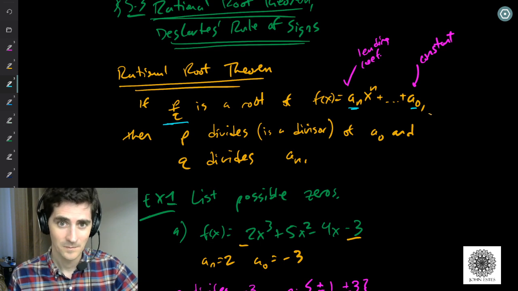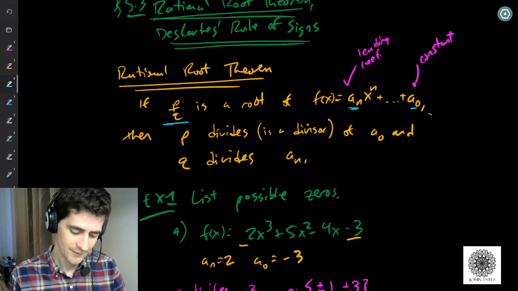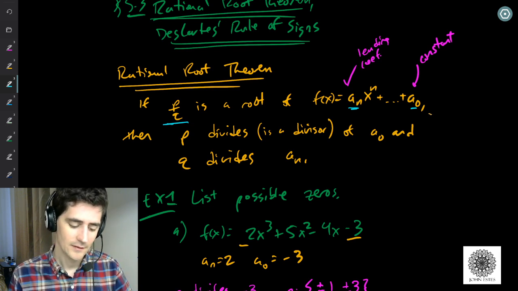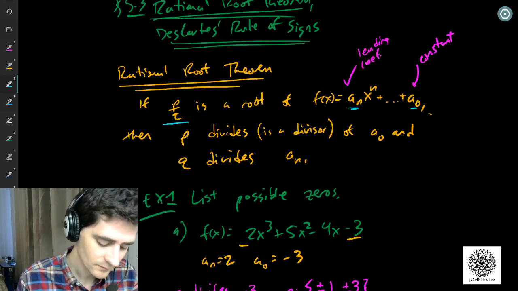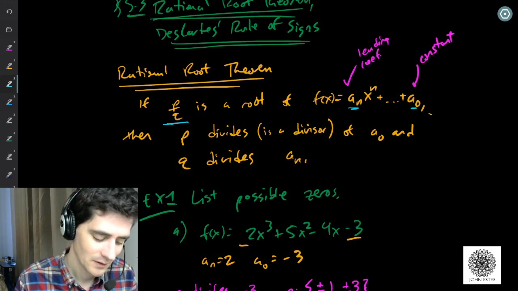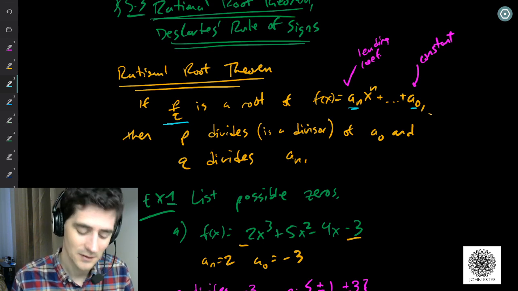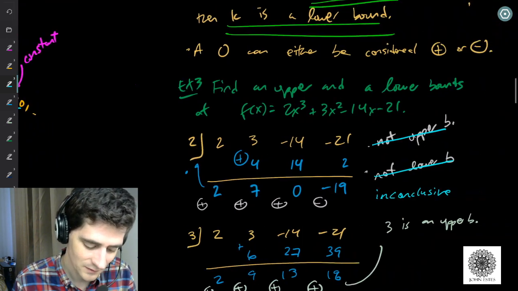Let me say that again. The numerator will divide the constant term, and the denominator will divide the leading coefficient. One more time, so I remember: the numerator divides the constant term, the denominator divides the leading coefficient. Okay, so we're going back to our example.